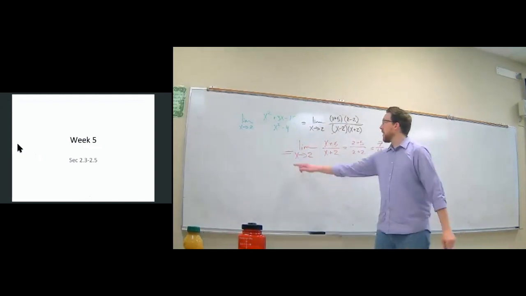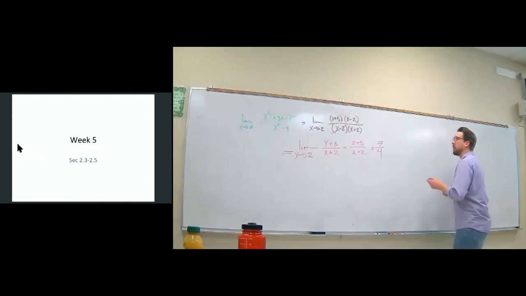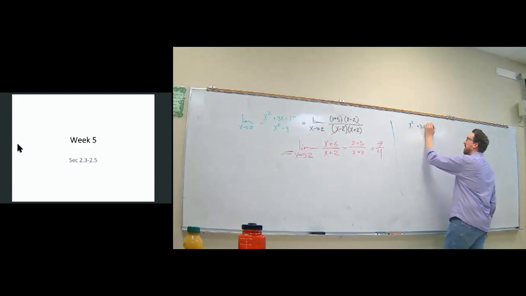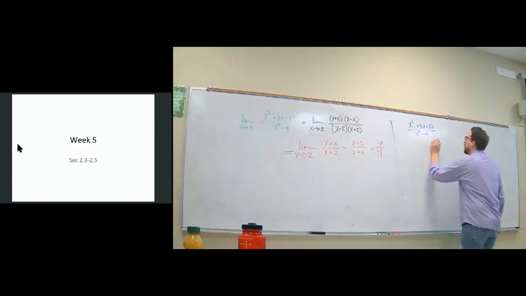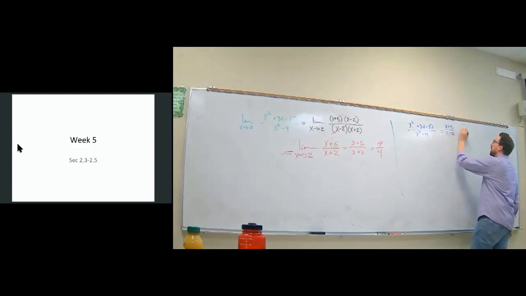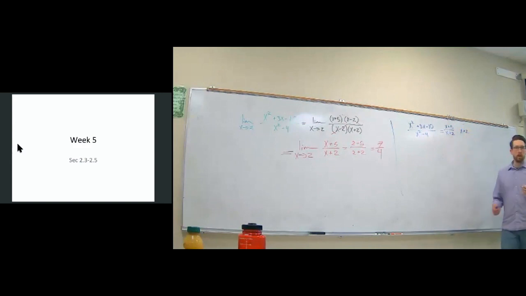And when we simplify this, what we really have is a couple of different things going on at the same time. We've got x squared plus 3x minus 10 divided by x squared minus 4. This thing's equal to x plus 5 divided by x plus 2 everywhere where x is not equal to 2, right?